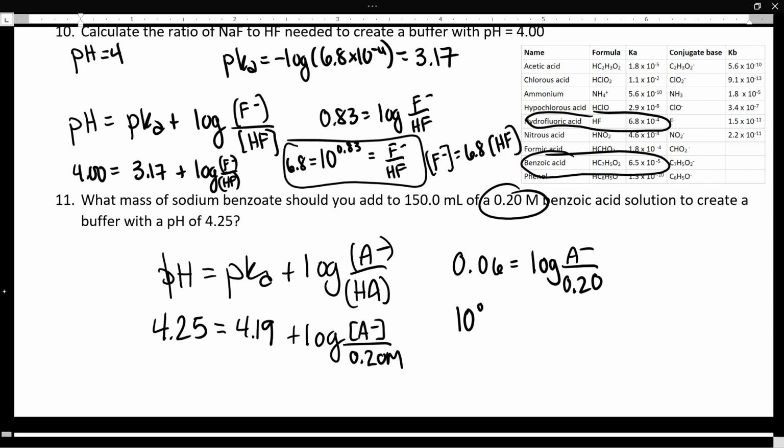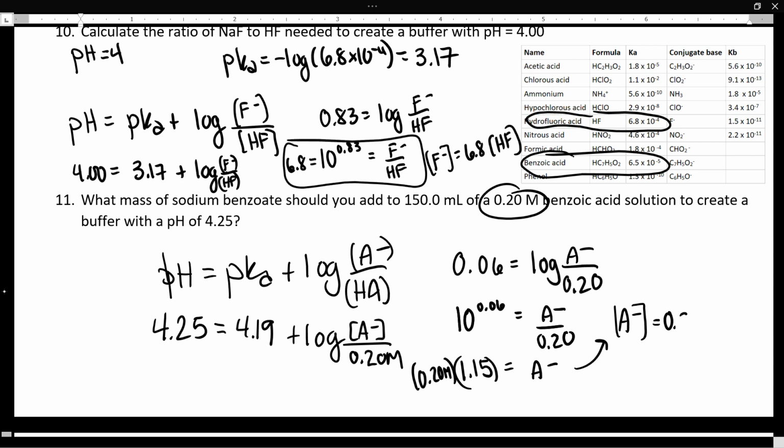So we raise both sides to the power of 10, and you end up with 1.15 equals your A minus divided by 0.2. So 1.15 times 0.2 molar is going to give us your A minus concentration. So A minus is going to be 0.23 molar.